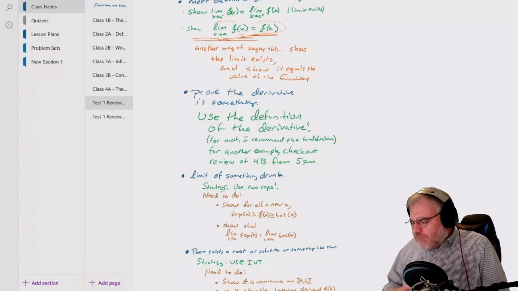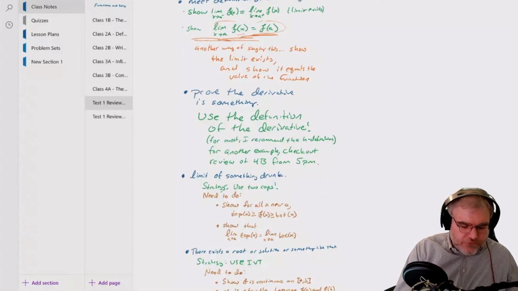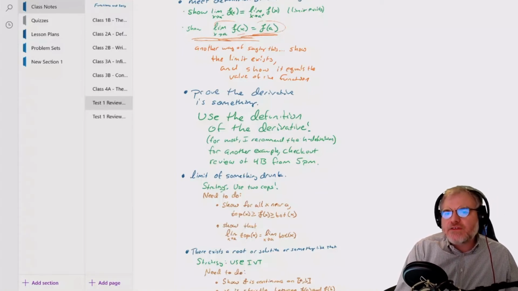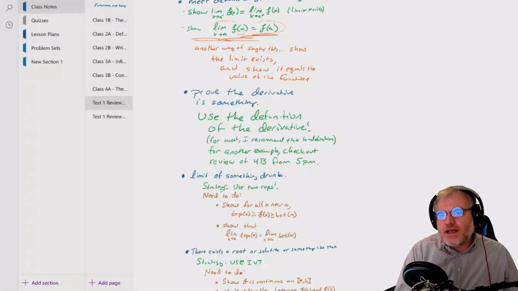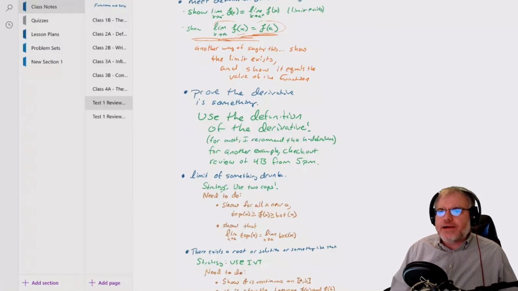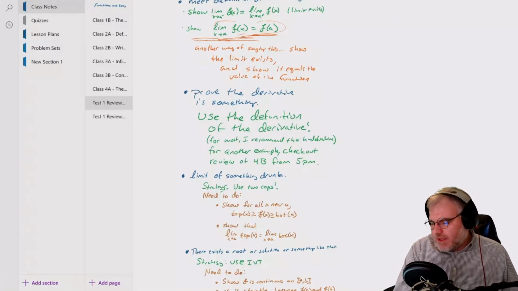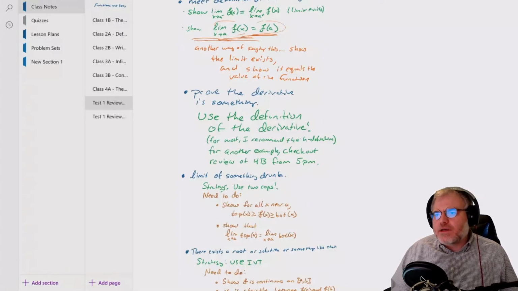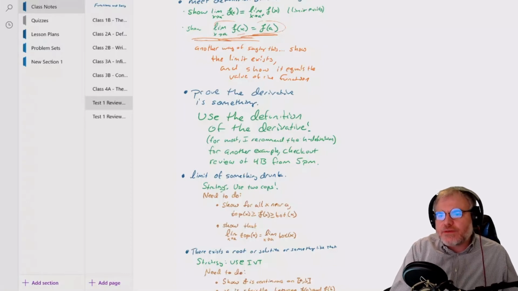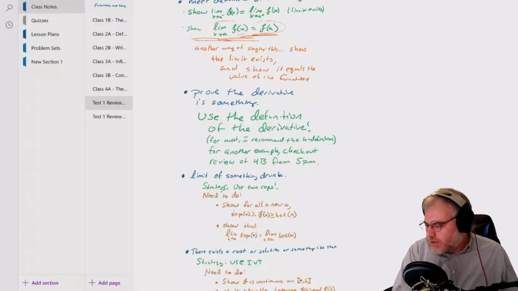So from last night, I talked about 4 different types of proof problems, and I'm going to put that in quotes here, because they're kind of proof-ish.